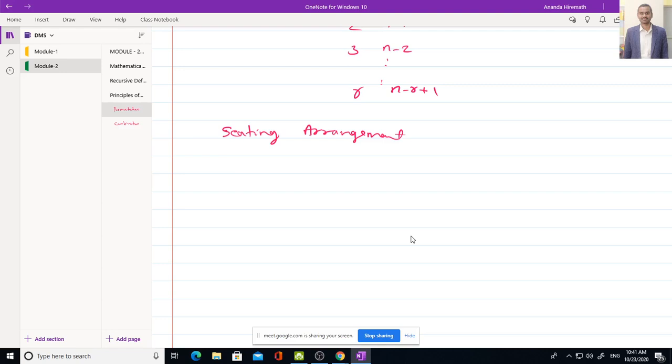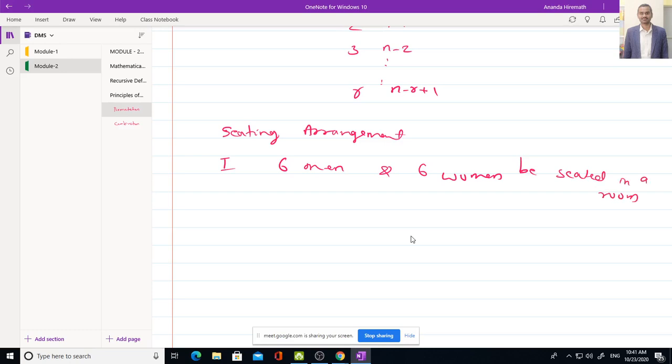So let us say, in how many ways can 6 men and 6 women be seated in a room?